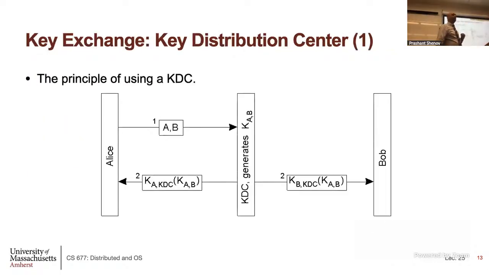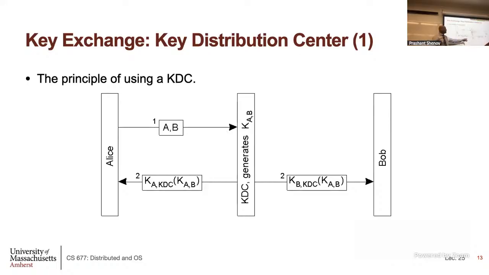Okay, so here is the one that uses the trusted third party. You have Alice on the left, Bob on the right, and the key distribution center, which is called the KDC, sitting in the middle. Okay, the protocol is very simple. Alice is going to send a message to the key distribution center saying, "I'm Alice. I want to communicate with Bob. Generate a key."